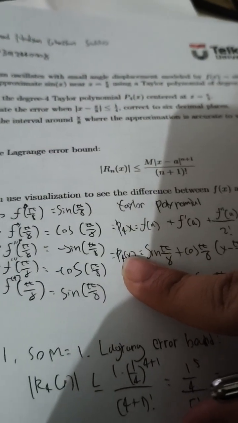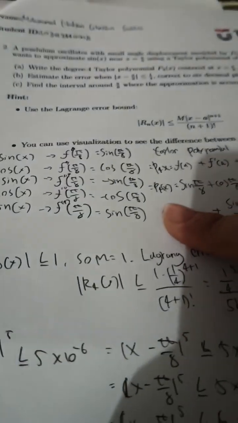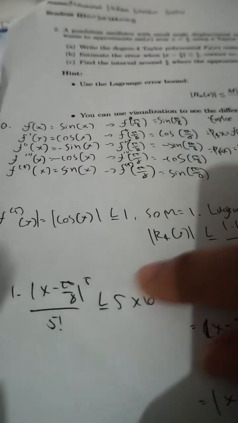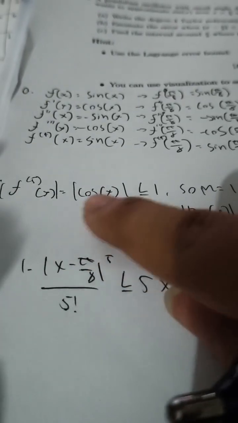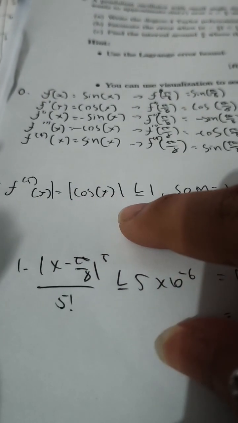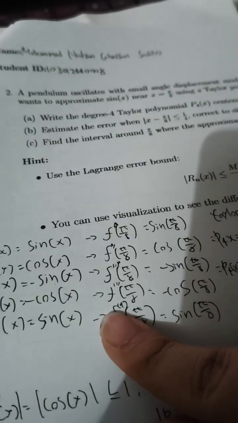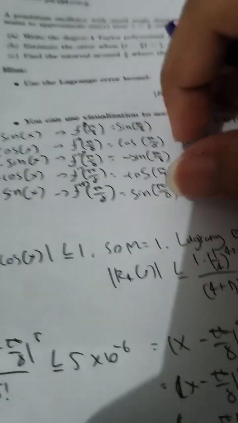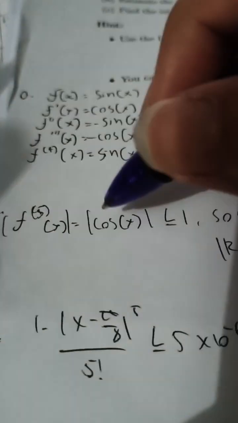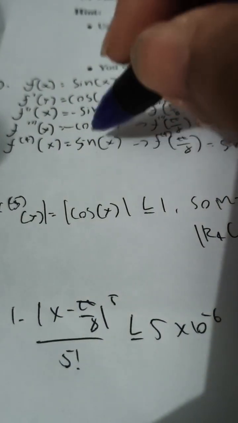B is the error, correct to the decimal place. Alright, so we have to use the Lagrange error bound, which is over here. Thank you for putting that in. And we have to remember what f5(x) is. The fifth derivative is the derivative of sin, which is cos.